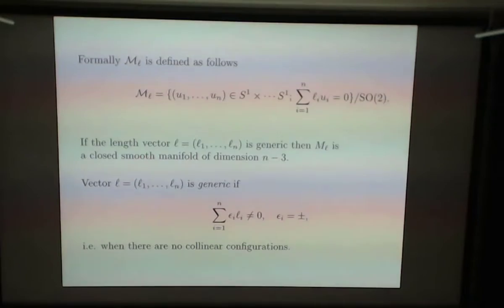The condition means that if you follow this rule, you will come back, so it creates a closed n-gon. Now we quotient by the rotation group of the plane, because we want to study shapes and not the way they are placed on the plane, so we quotient with respect to SO(2). This is our object, ML.